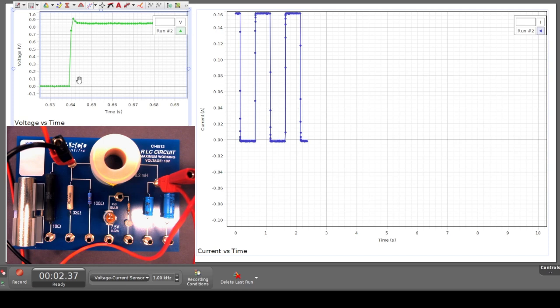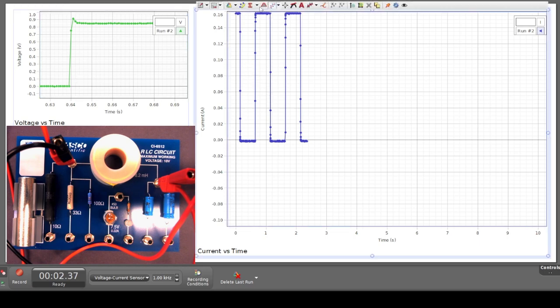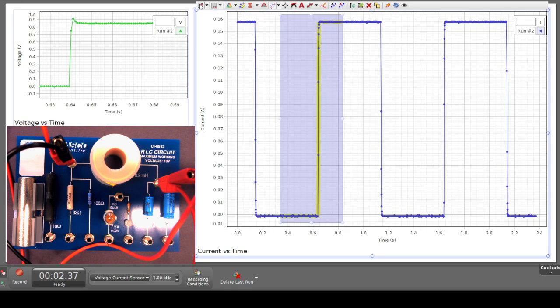Because we have a resistor in series with this inductor, we can find out the resistance, and we'll use our graphs to find the inductance as well as the resistance in the circuit here. So I'm going to zoom in on the interesting bits for the current graph as well.